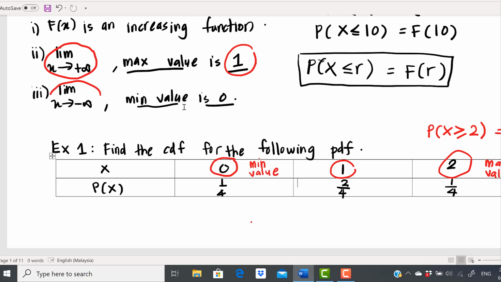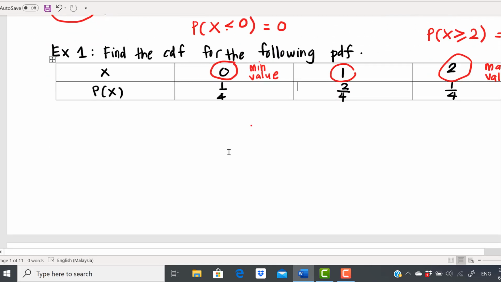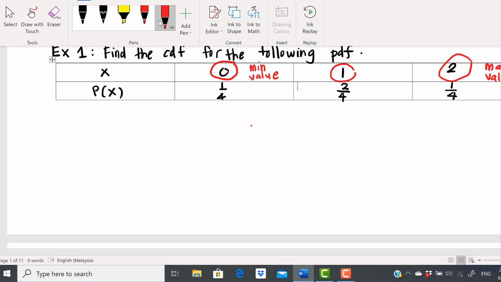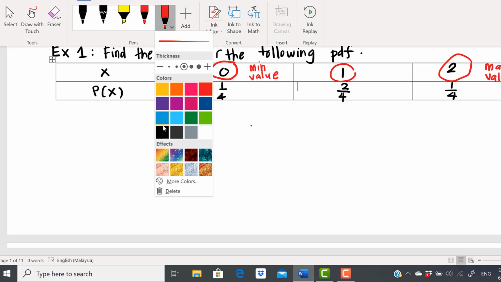And when it approaches negative infinity, this is 0, that means the probability of x less than 0 is equal to 0. Okay, we have these two properties.